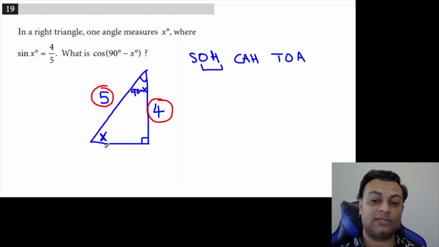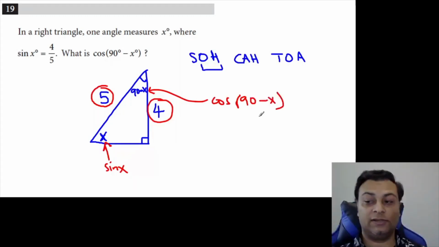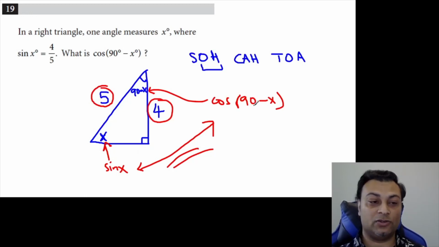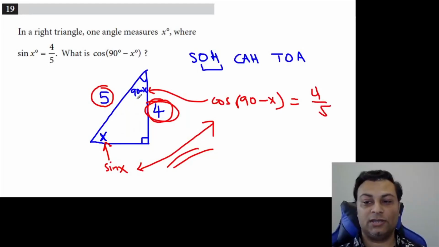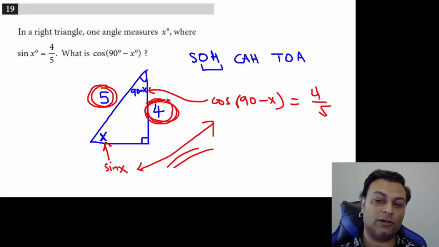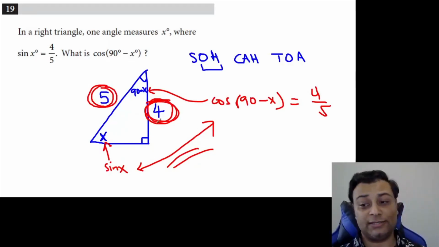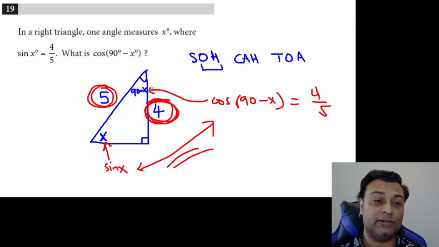In other words, the sine of x is going to be the same as the cosine of the complementary angle. These two are equal. Sine of x equals cosine of 90 minus x. And if they're equal, then cosine of 90 minus x must also be 4/5, adjacent over hypotenuse. This 4 was the opposite side when we're referencing x, but it's the adjacent side when we're referencing the complementary angle. So the answer is 4/5.